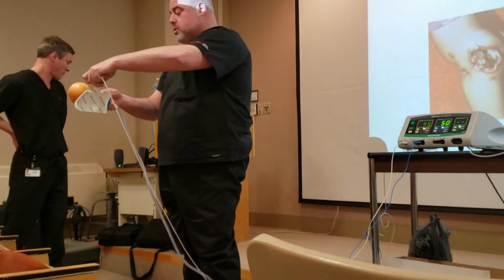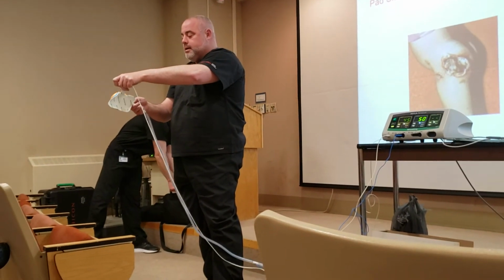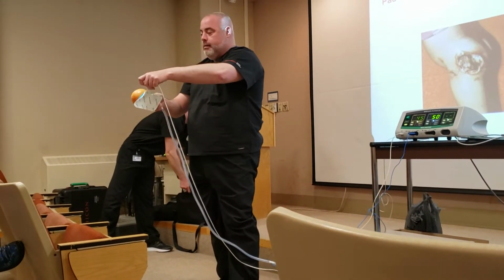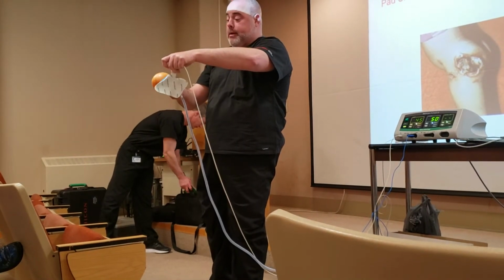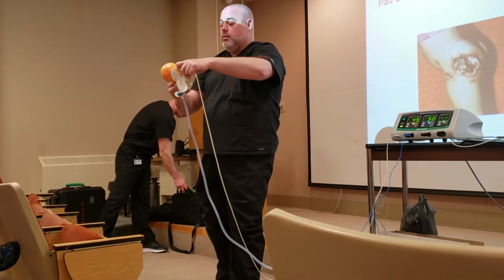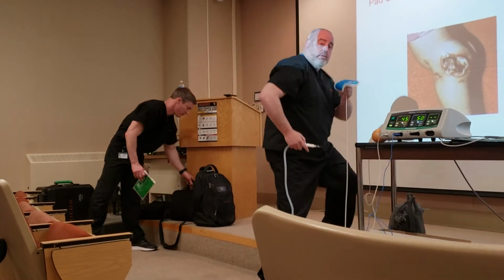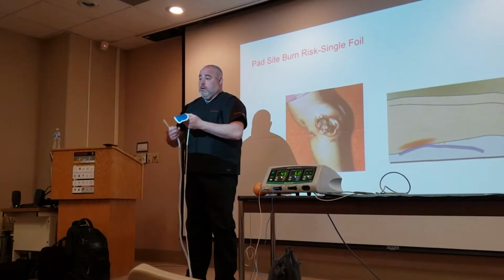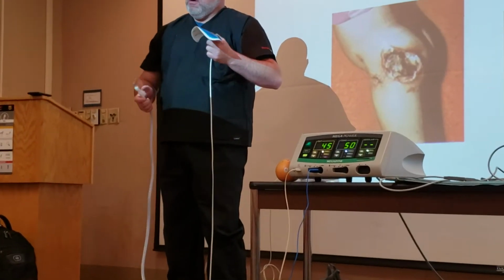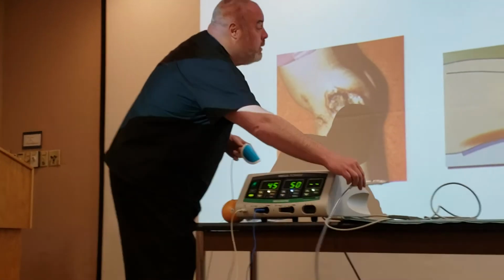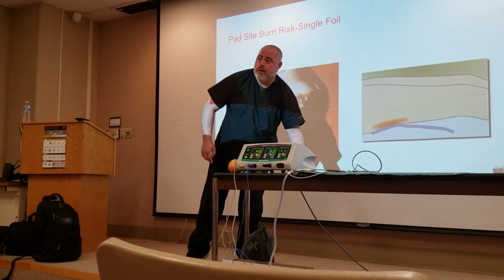We're using the whole surface area, but it's not smart enough to know that it has minimal contact. So I don't know if you can see it, but there's, see the sparking? The arcing that's happening? Exactly. So that's why, and you can actually smell it a little bit, that's why we don't typically want to use these anymore. You lose that surface area, it's not helping you know that you have that surface area, and it can cause that type of burning to happen. Does that make sense to everybody?